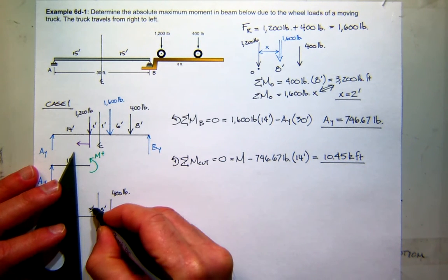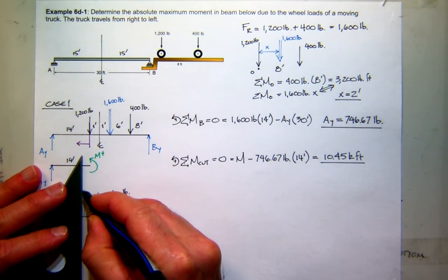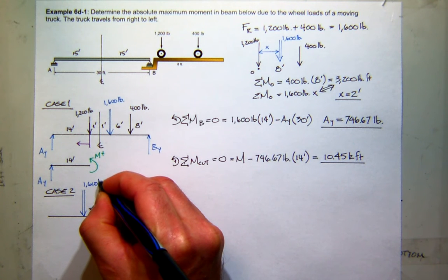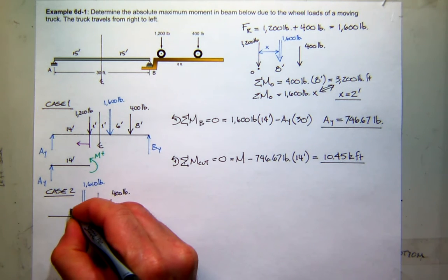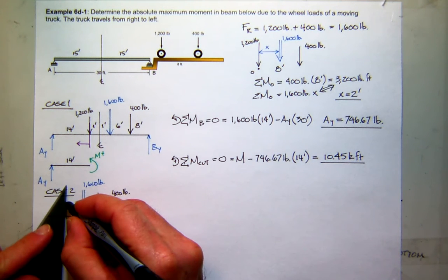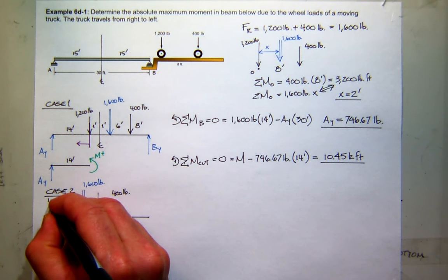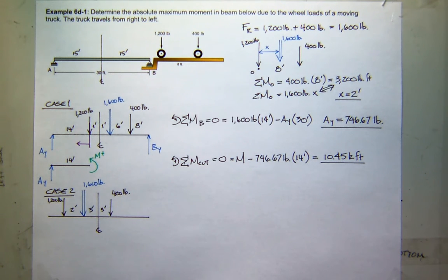3 feet to the left of the center line is the 1,600-pound resultant force. And then 2 feet in front of that, sorry I didn't leave myself much room there, is the 1,200-pound force.